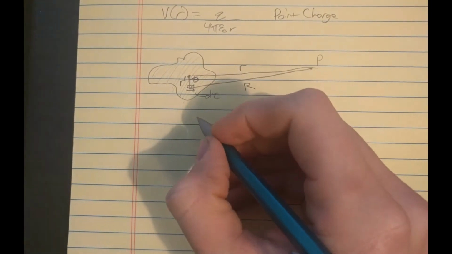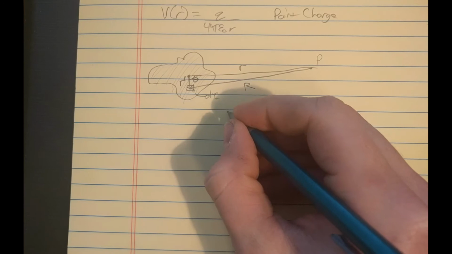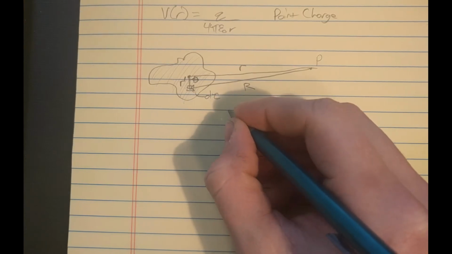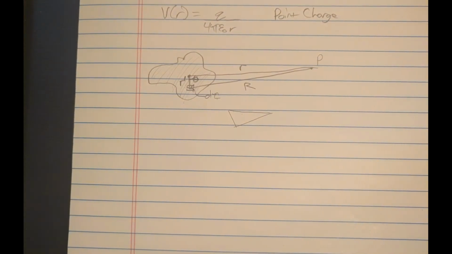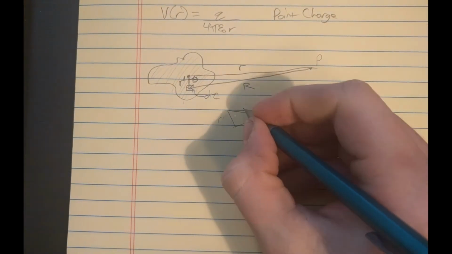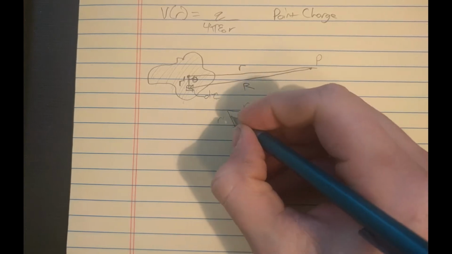Now, you can see we have a triangle here. I can redraw it like this, where this would be r prime, this would be r, this would be big R, and this would be theta.